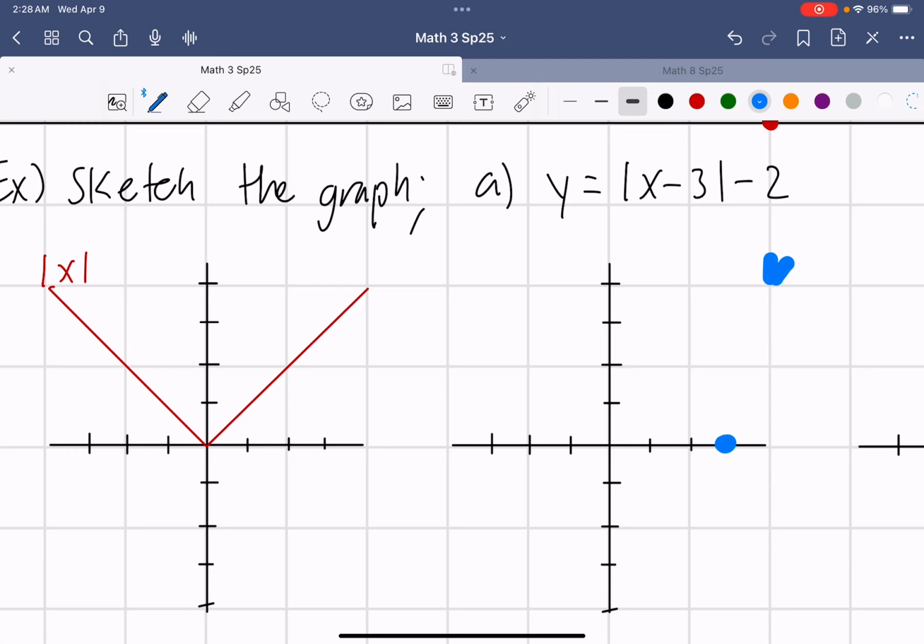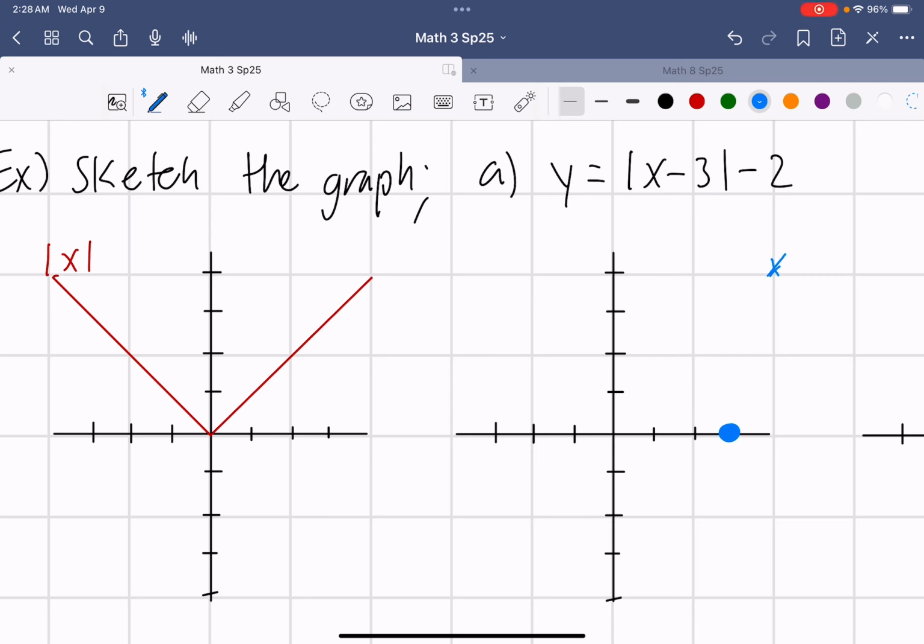So this is now with the absolute value part. And that negative 3 is actually going to move it to the right by 3, which it did. And it moves all the other points as well. And then that negative 2 brings it down by 2.